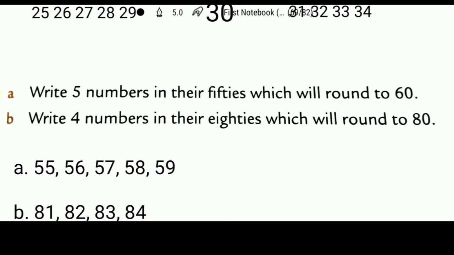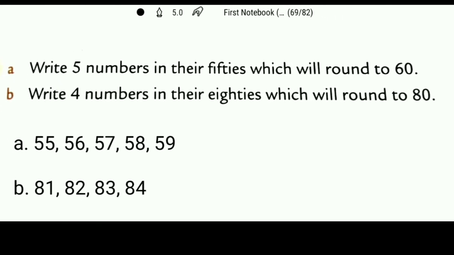Then the last question, write 5 numbers in the 50s which will round to 60. Okay, it means we have to write the numbers in the 50s that round to 60. So 55, 56, 57, 58, 59.